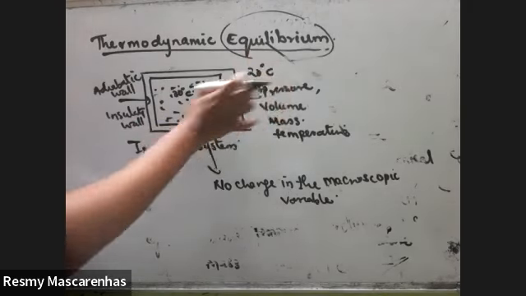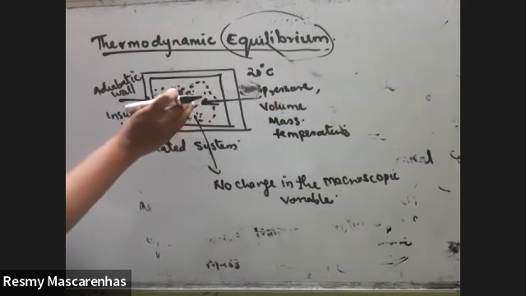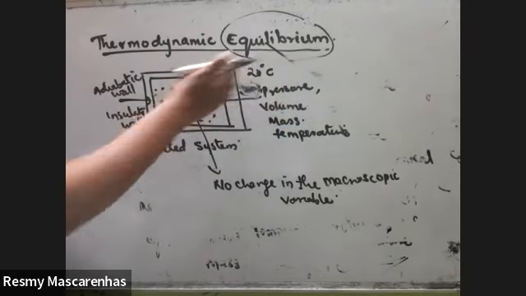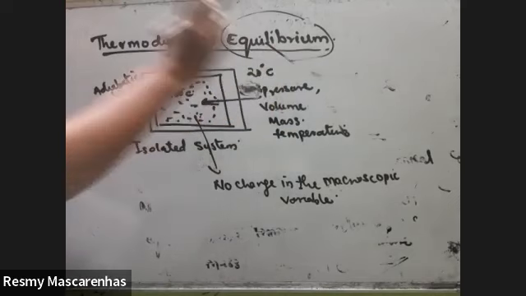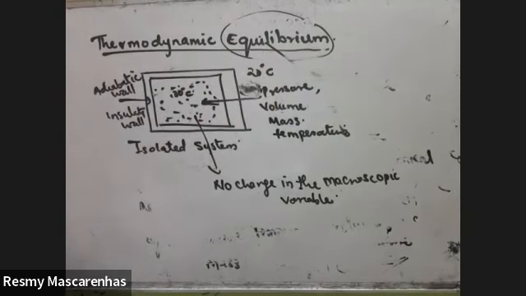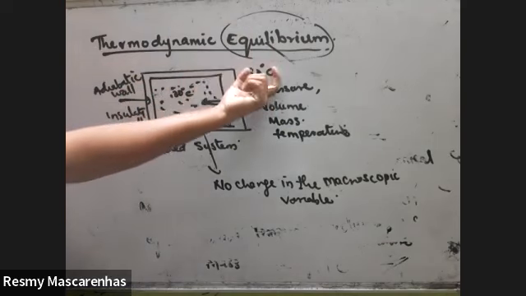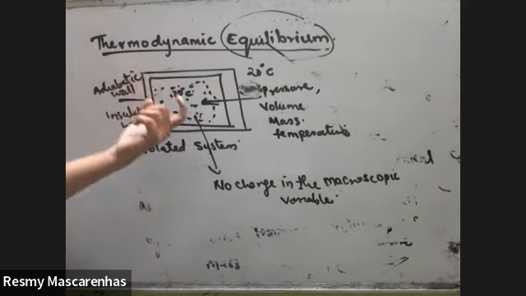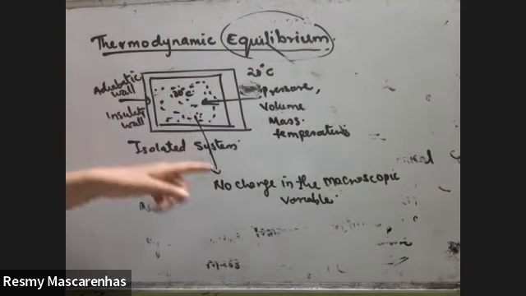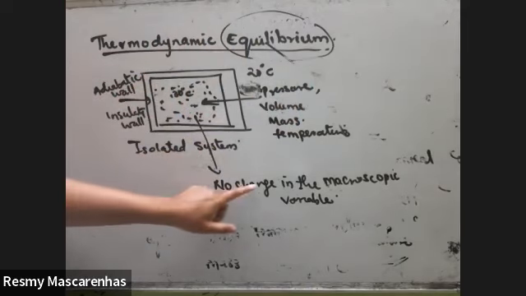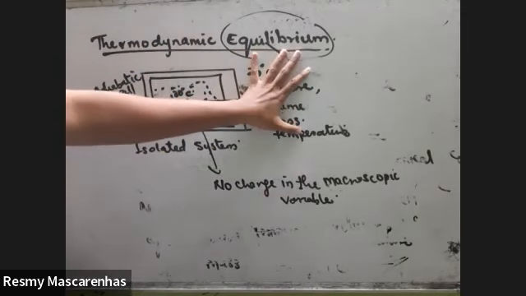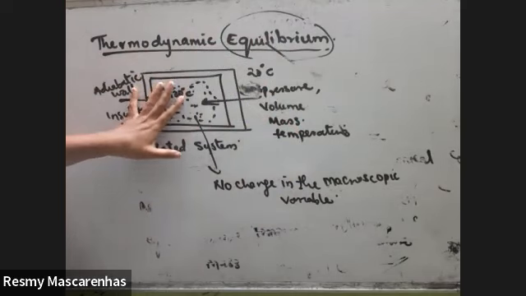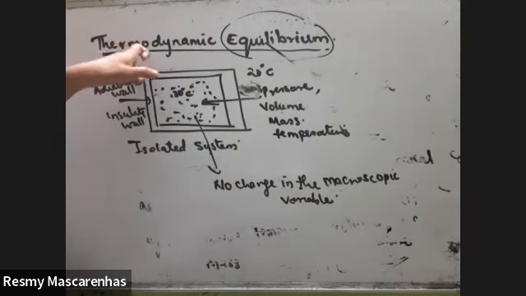This and this temperature might be different, but this one is not changing according to that one, and that one is not changing according to this one, because they are isolated. This one is independent of the surrounding and the surrounding is independent of what is inside. The basic concept is that there is no change happening either in the outside surrounding or in the inside. That's why it is said to be at thermodynamic equilibrium.